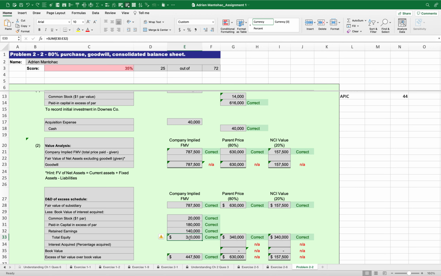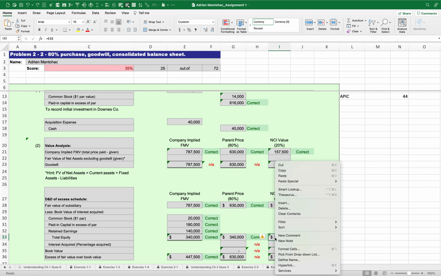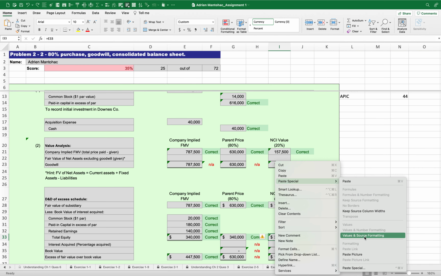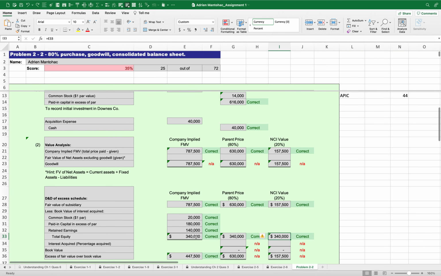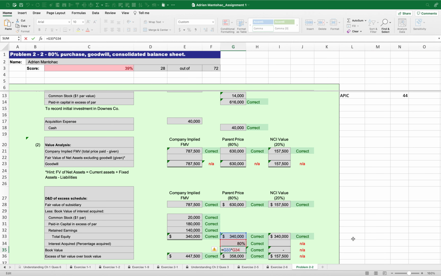And then the next thing I want you to do is go ahead and copy the 340,000 in this cell and this cell. Again, you want to make sure that you are just pasting the values and nothing else. That'll make sense in just a minute. So if we acquired 80% of their company, that means multiply blue and red.